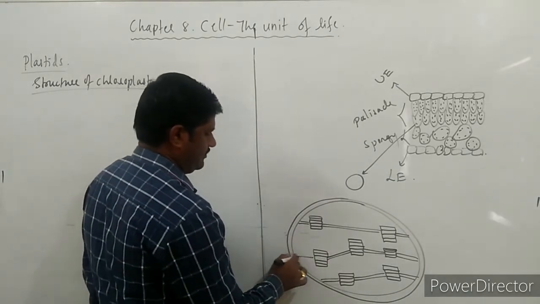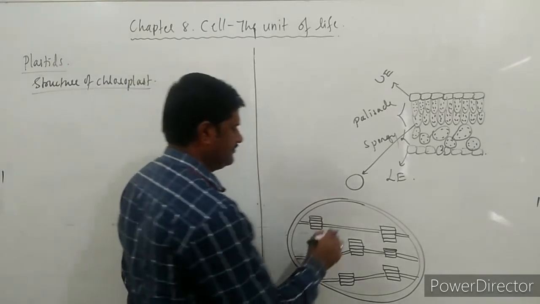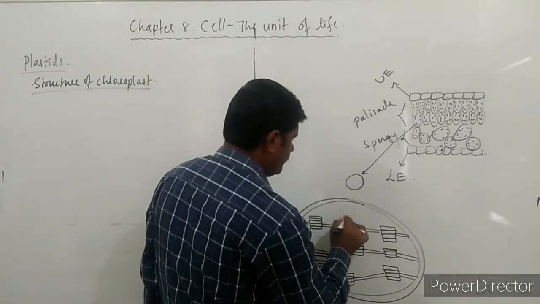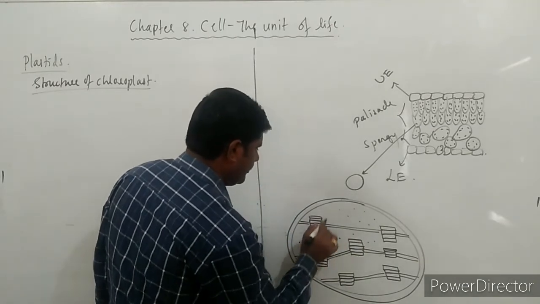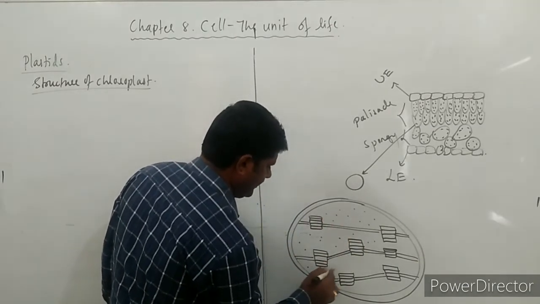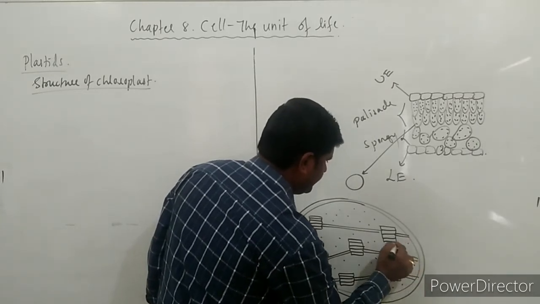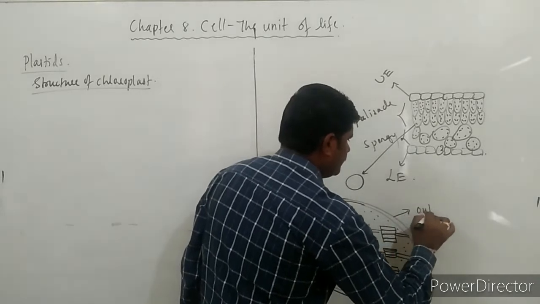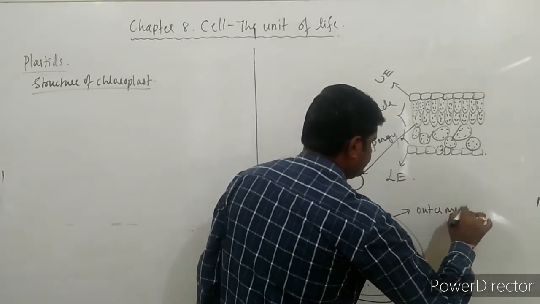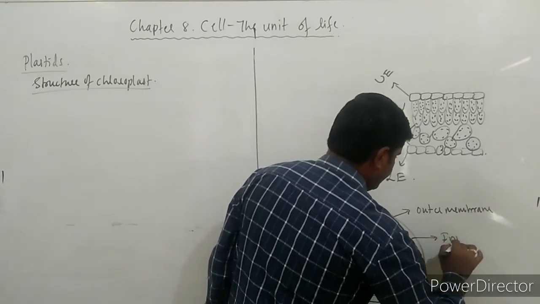See here, this is how the structure of chloroplast is, right? So it is a double membrane bound cell organelle, as I said. It consists of two membranes. This is the outer membrane and this is the inner membrane.